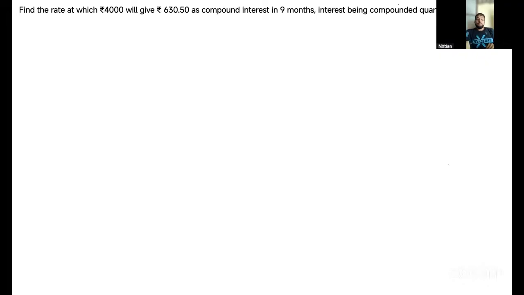So find the rate at which 4,000 rupees will give 630.5 as compound interest in 9 months. So first of all, we have to write all the things. This one will tell me what I have to write.